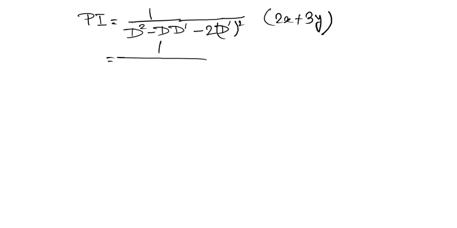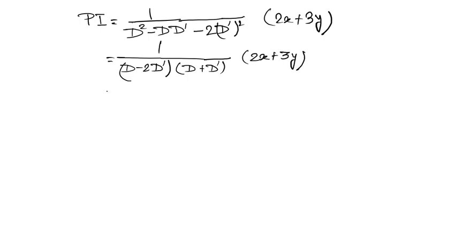This can be factorized, as you know, as D minus 2D dash into D plus D dash of 2x plus 3y.